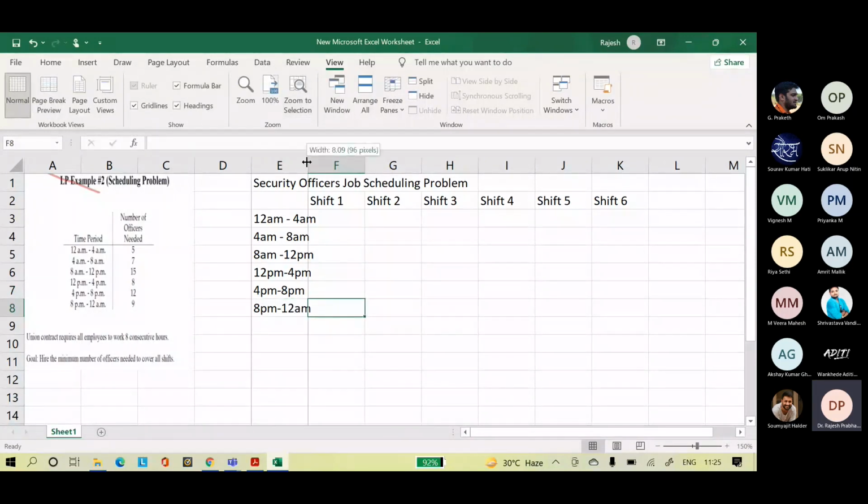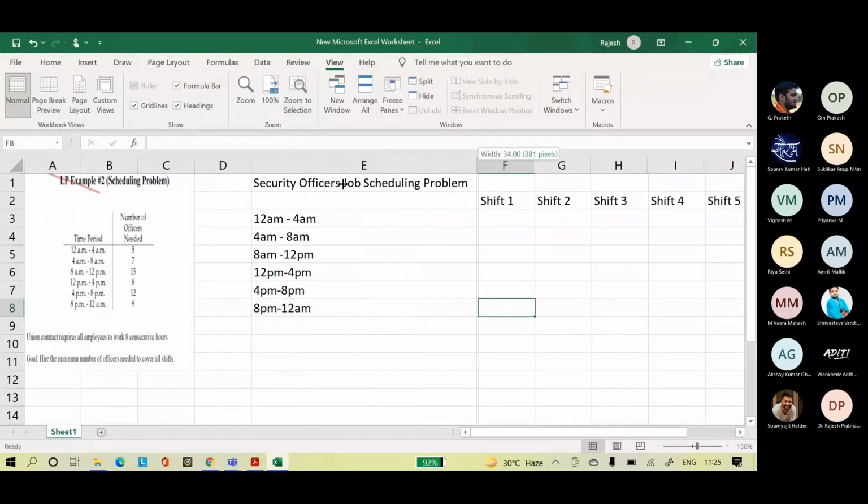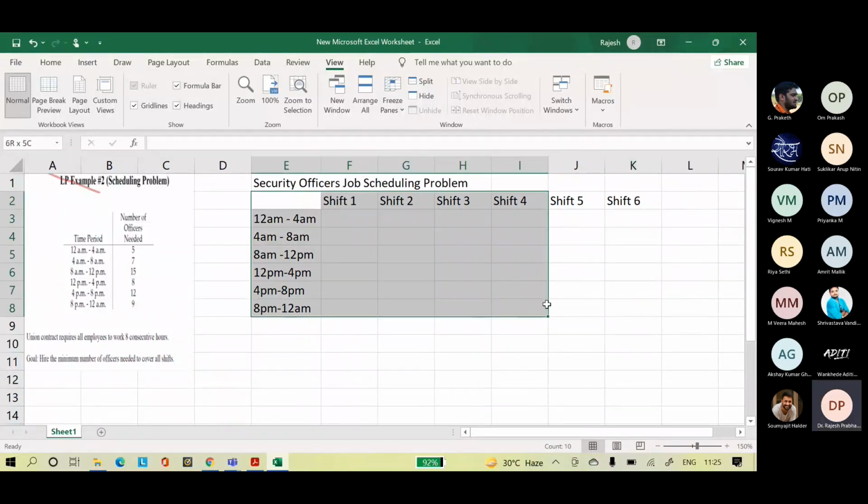These are the time periods for each of the shifts. Okay, so this is the time period shift table.